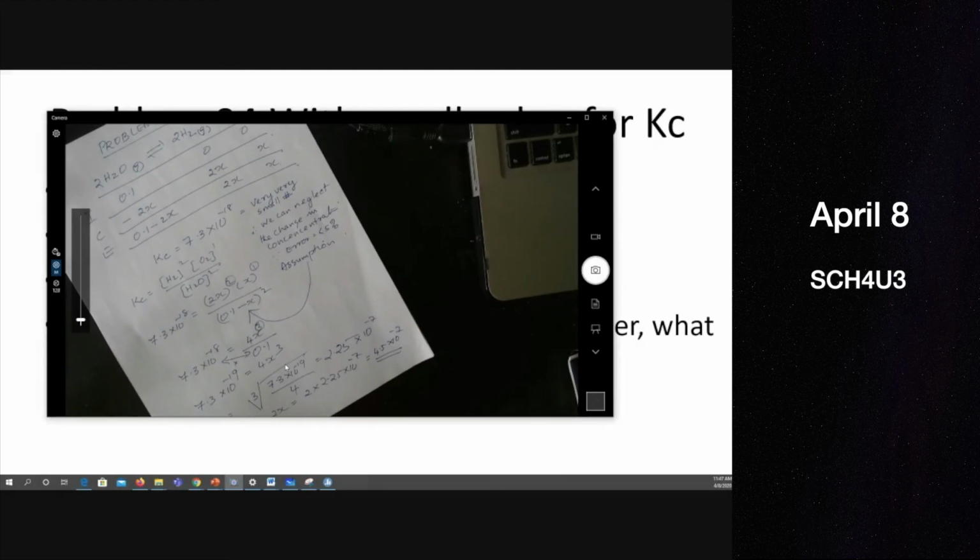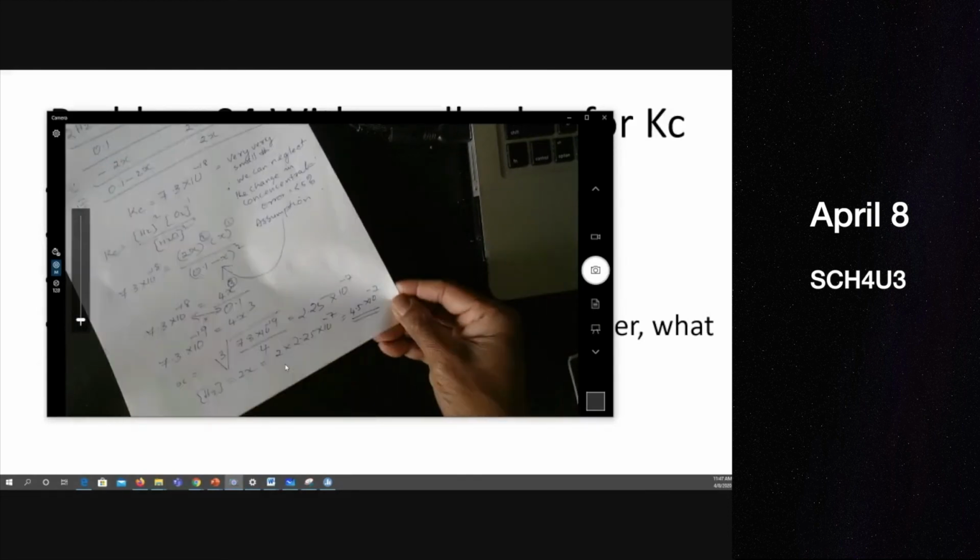Generally speaking, if it's 10^-3 or smaller, it's safe to make this assumption. So 0.1 minus x becomes 0.1, and your solution becomes straightforward. If not, you'll have to go to the quadratic or cube root equation. We don't want to do that in this case because the value of Kc is very small.